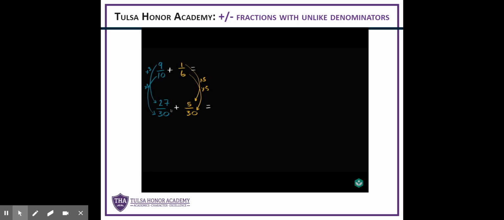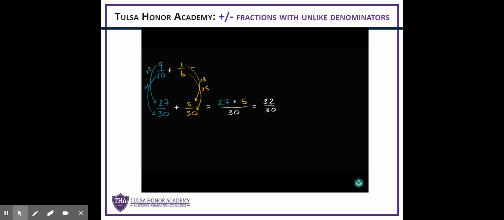It's fairly straightforward. We have a certain number of 30ths added to another number of 30ths. So 27/30 plus 5/30 is going to be 27 plus 5 over 30, which of course is going to be equal to 32/30ths.